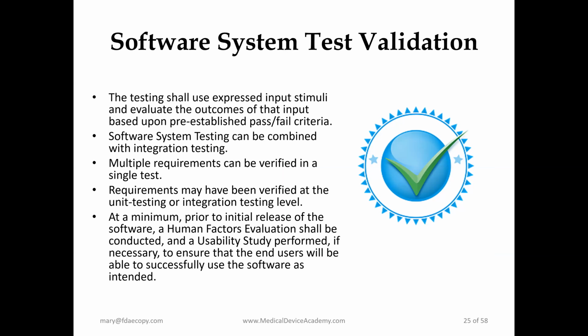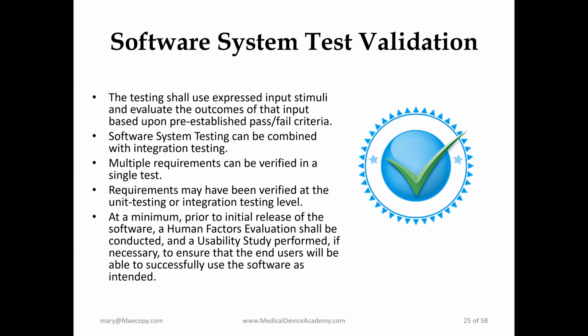So then you have your software system test or your software validation. So this testing is when you have your final software package put together. You've done most of your verification testing, and now you're operating on what is close to your final system.